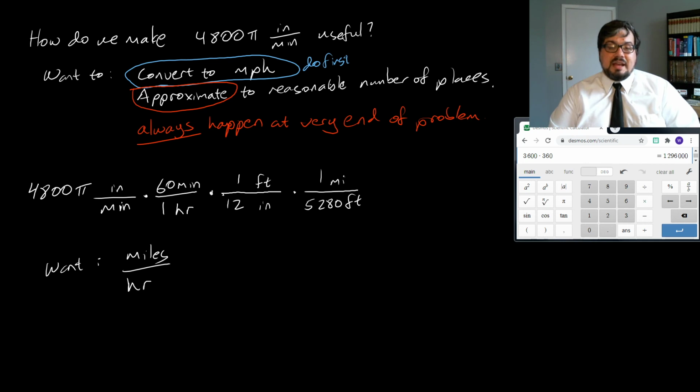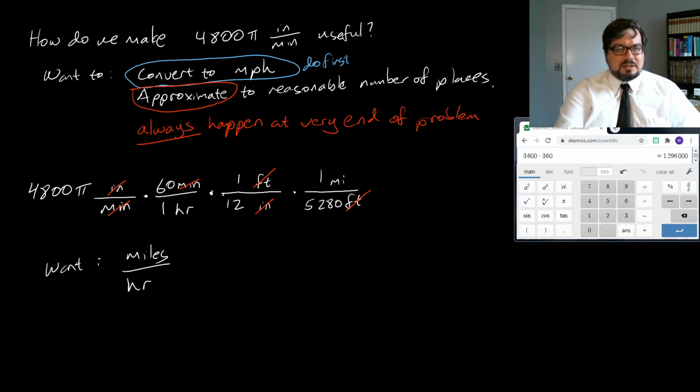So at this point, I think I'm done with my conversions, but let me just go and double check. So my minutes are going to cancel here. My inches are going to cancel there. My feet are going to cancel there, and scanning through what I've got, only miles left on top. I've got only hours left on the bottom, so that means that everything has worked out.